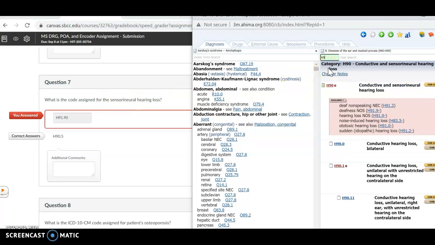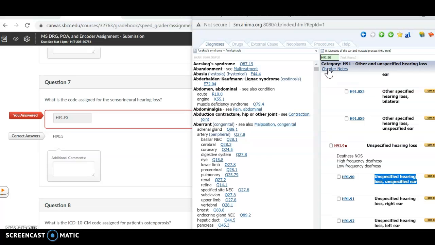Let's just go ahead and type in to see what you had. H91.90. I guess the biggest thing here, you're just coding plain hearing loss, and we really need to be specific here and make sure that we code out as far as we can go to get the complete diagnosis. So that's why we want the sensorineural hearing loss.